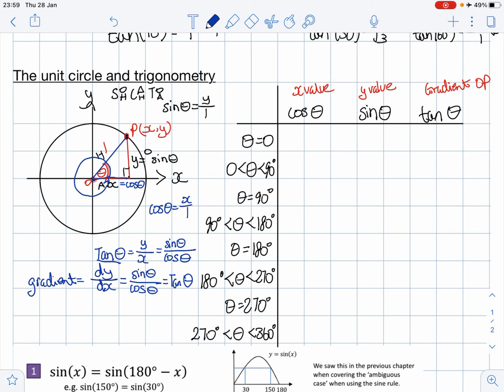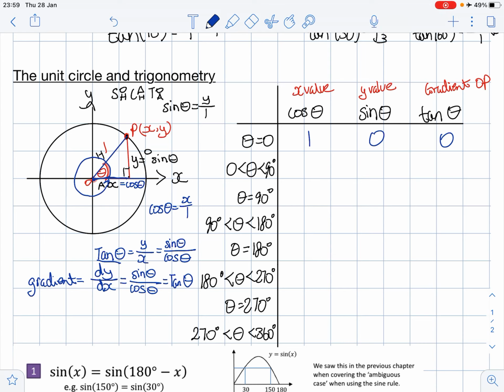Cos theta is our x value, therefore x is just equal to 1. The value of our sin theta, which is the height, is 0. And the gradient is 0, because 0 divided by 1 is 0.